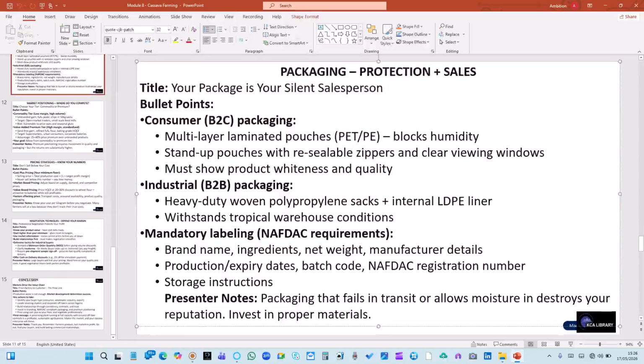It must also include production and expiry date, batch code, as well as NAFDAC registration number. It must also include storage instructions. Note, packaging that fails in transit or allows moisture in destroys your reputation. Therefore, invest in proper materials.